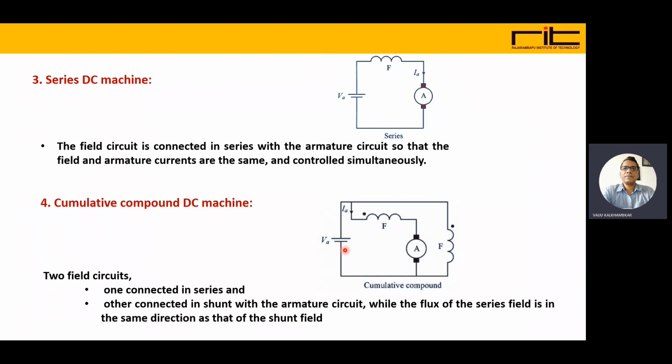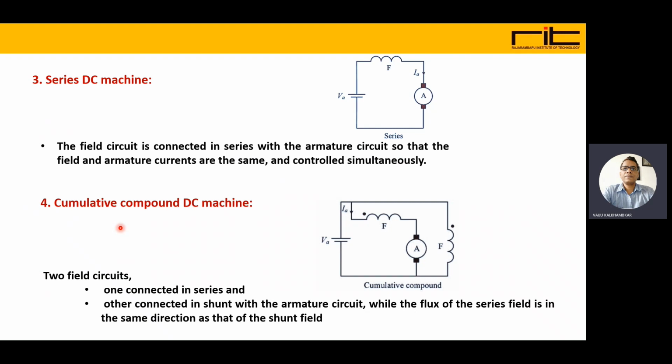Then we can see the DC series machine, where the field is in series with the armature, so the field and armature currents are the same and controlled at the same time.